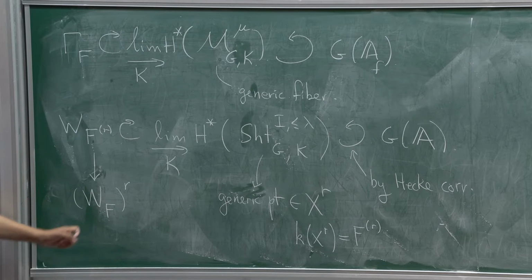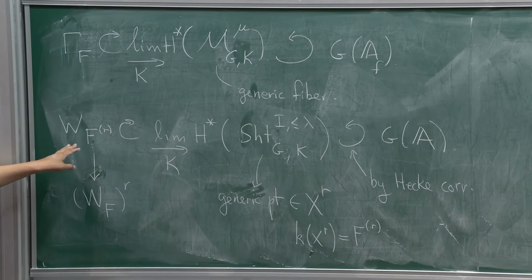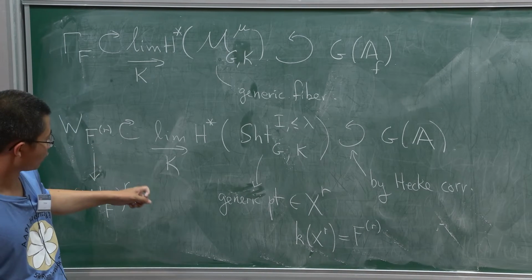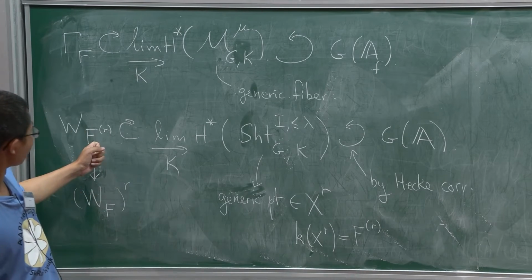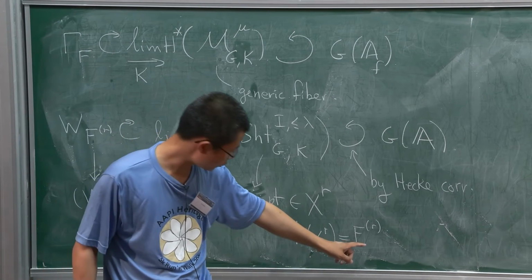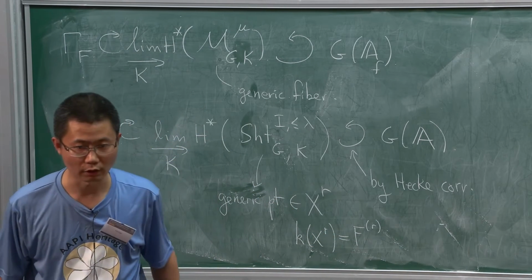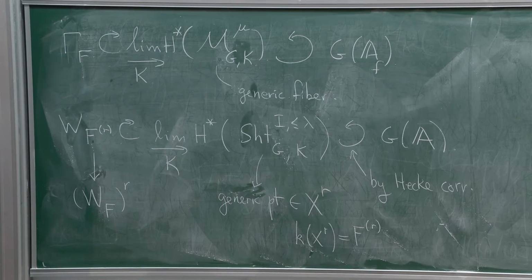Sorry, can you repeat again what's the top group? The question is what's the top group? The top group is the Weil version of the absolute Galois group of this field, which has transcendence degree r over the base field.